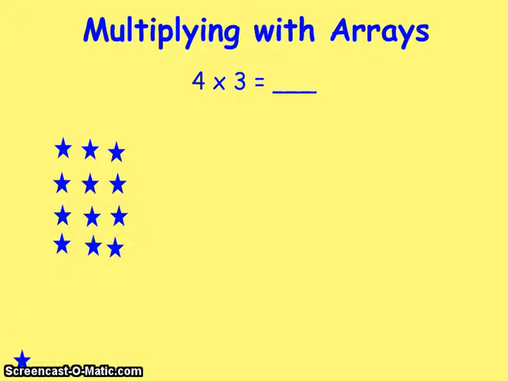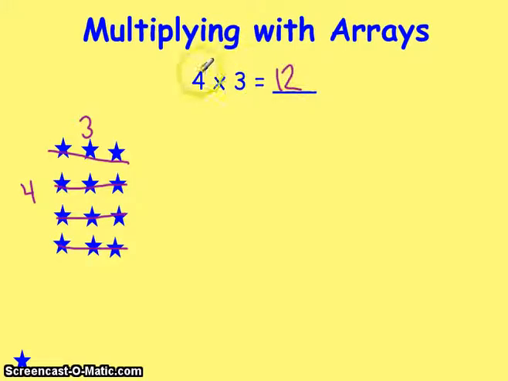And I'll look at the dimensions of my array and see I have 4 rows of 3, so this array is 4 by 3, and I can add it up. 3 plus 3 plus 3 plus 3 is 12.